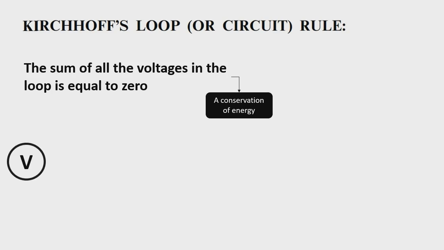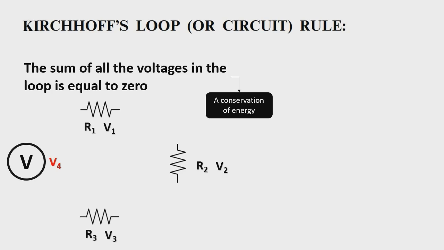Supposing a voltage, let us say this is V sub 4, and a resistor of resistance R1 will experience a voltage drop which is V1. Resistor 2 will have a voltage drop of V2, while the resistor 3 will also have a voltage drop of V3.